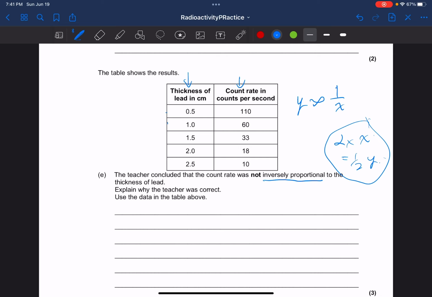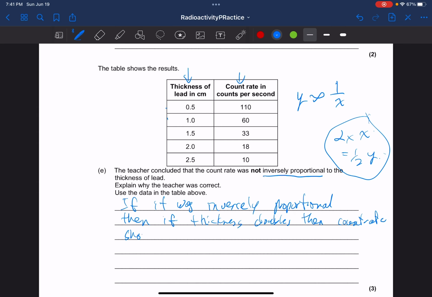Going from 0.5 to 1.0, if it was inversely proportional, then if thickness doubles, then count rate should halve.